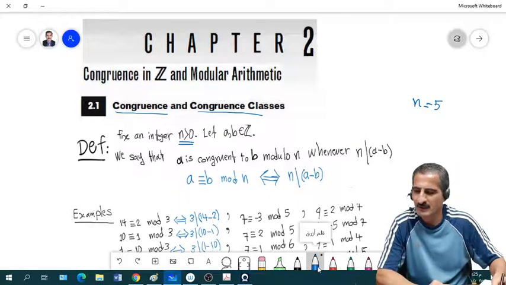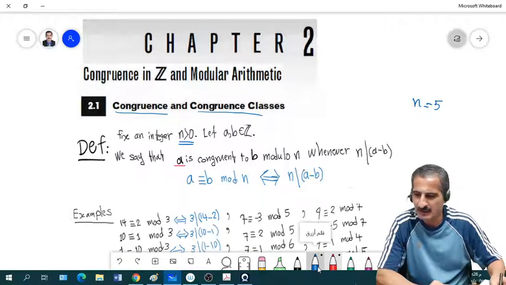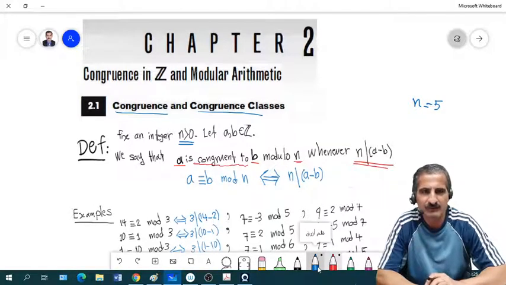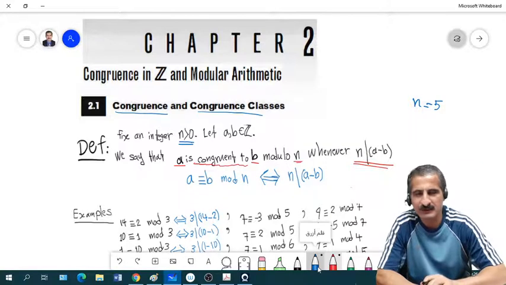Okay, we will say that two integers a and b are congruent modulo n whenever n divides the difference between them, whenever n divides a minus b.